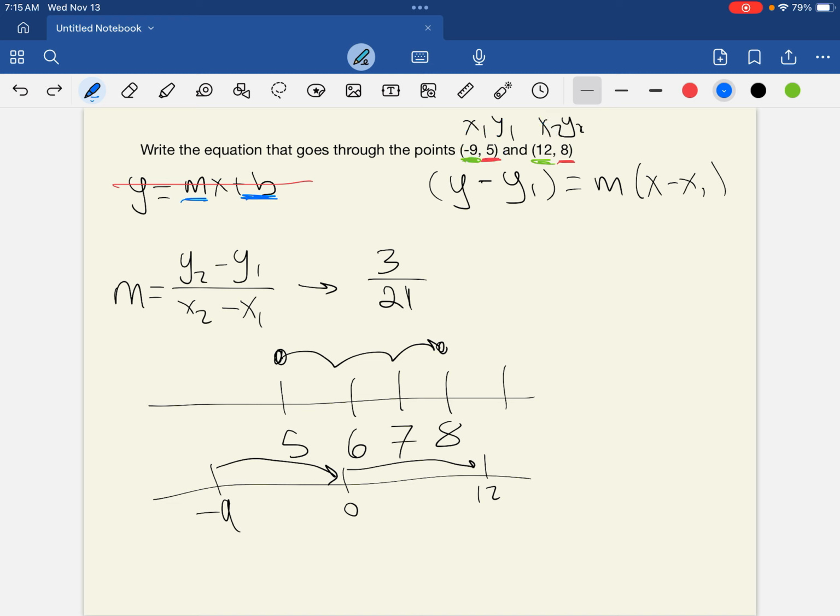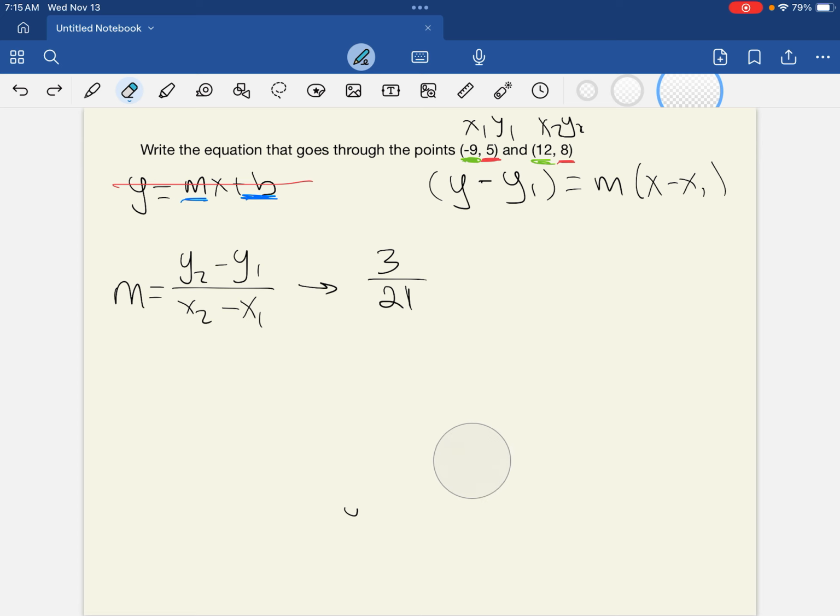Now let's say I actually use the equation. What that's going to look like is I choose what point is first and what point is second. So I'll use point 2, and the y-coordinate of point 2 is 8. What that means is the very first number for x, or my denominator of this, is going to be 12.